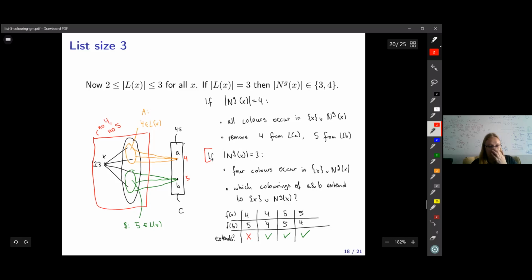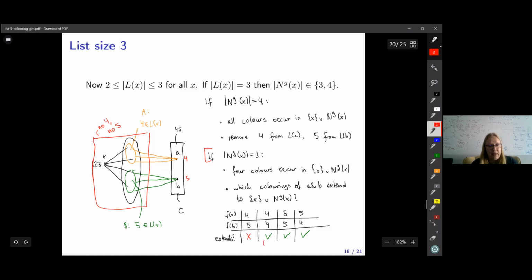If one of the others also doesn't, well, if 4 and 4 also doesn't extend, then no option in which A is colored 4 extends. And I can compute this since the red box has bounded size. So if 4 and 4 also doesn't extend, then coloring A 4 is a bad choice. It doesn't work regardless of what I do.